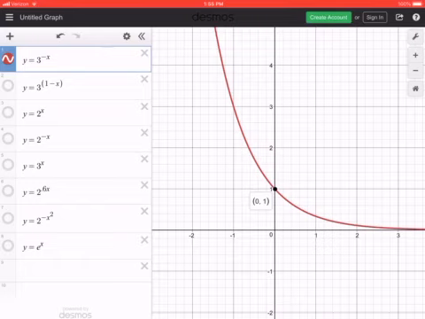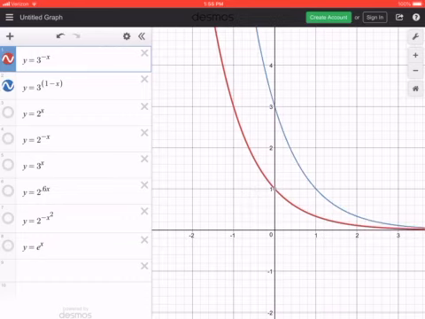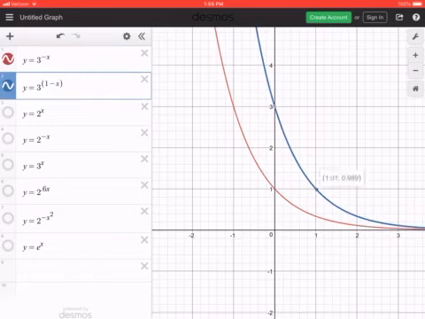Now this is how the graph of 3 to the power 1 minus x will look, and that's the graph in blue. The point that used to be the y-intercept for the graph in red was shifted 1 unit to the right. You can see that point right there. It's going to be at (1, 1).